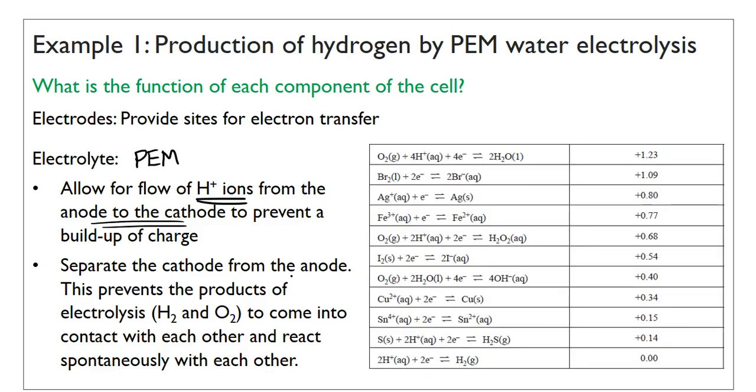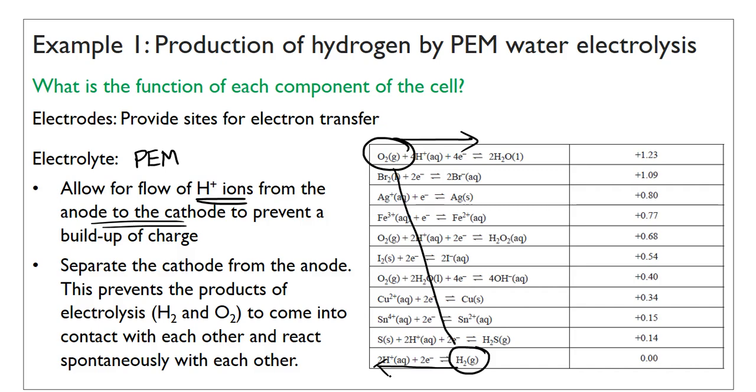Okay, so the two products of electrolysis, which is oxygen and hydrogen, will react spontaneously with each other. So the two products of any electrolytic process really will react spontaneously with each other. So if I don't have some strategy in the cell to separate the oxygen gas from the hydrogen gas, if they come into contact, they will just produce water again, and that would defeat the purpose of the cell.